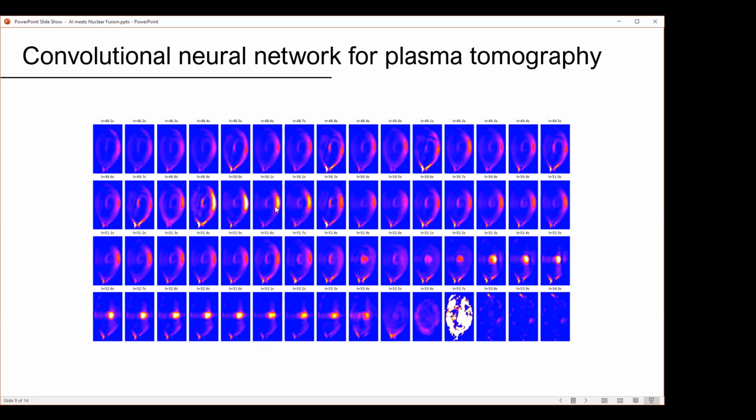And here you see that this blob at the edge eventually transforms itself into a blob at the plasma core. And then by a series of events, since the plasma is radiating a lot from the core, it starts to cool down in the core.